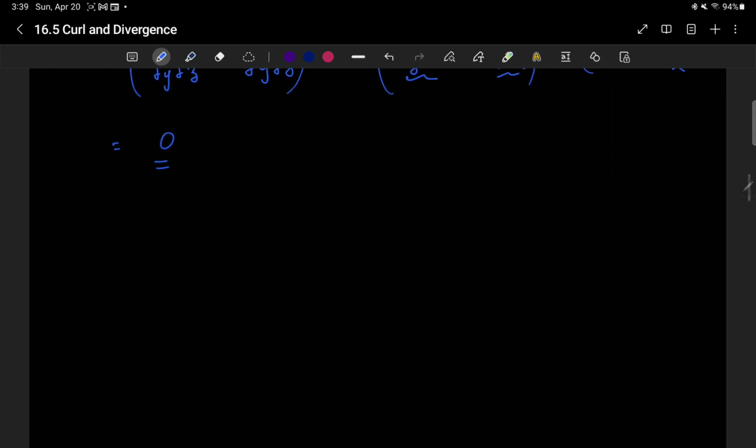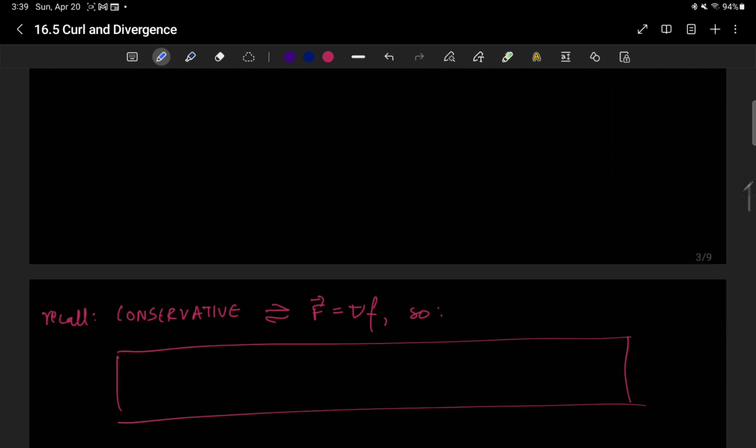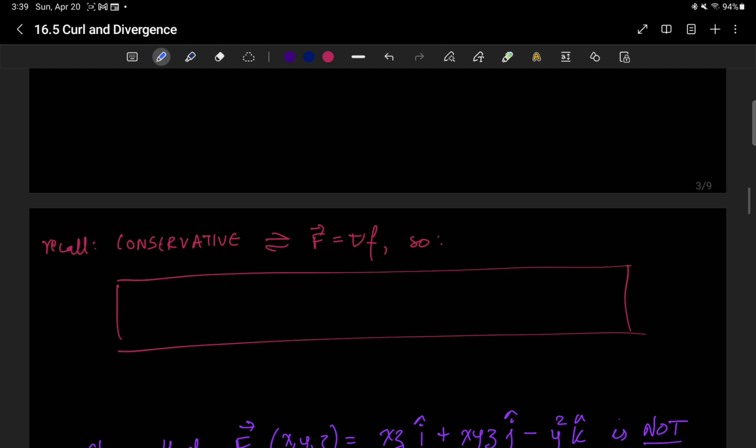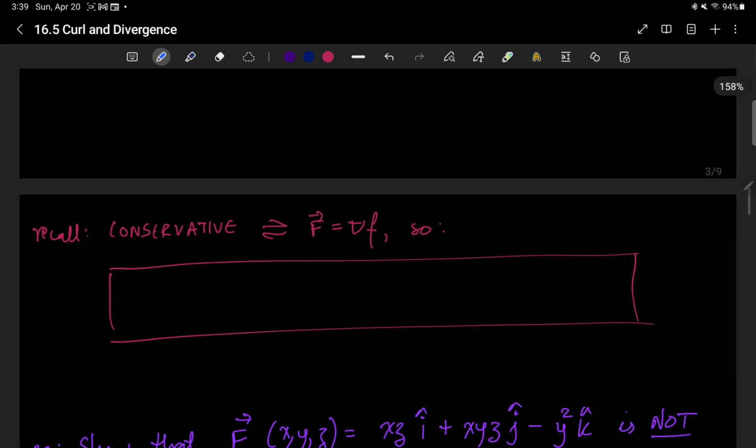Now, recall something from the previous topics, which is we had something called a conservative vector field, which I mentioned is going to reappear, and it's very important, especially in physics and engineering. A conservative vector field is one that can be written as a gradient vector field. So F is conservative if we can write this as the gradient of some scalar field small f.